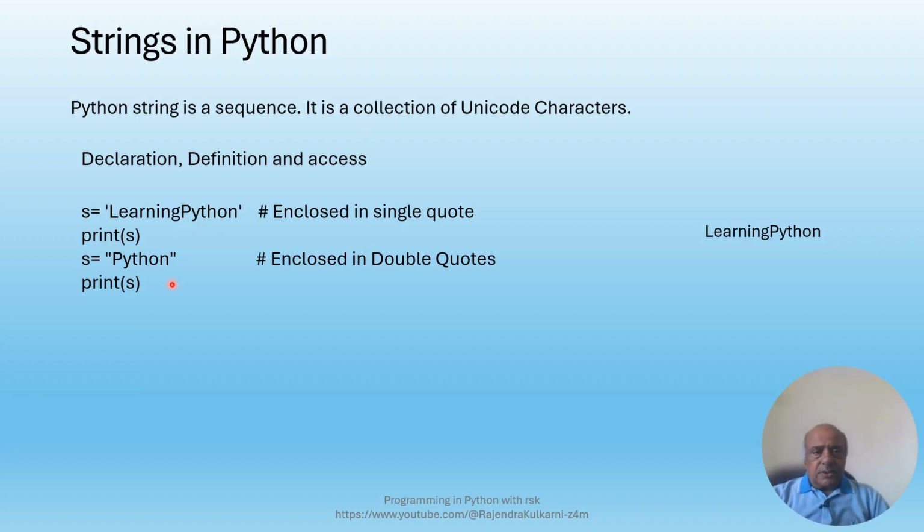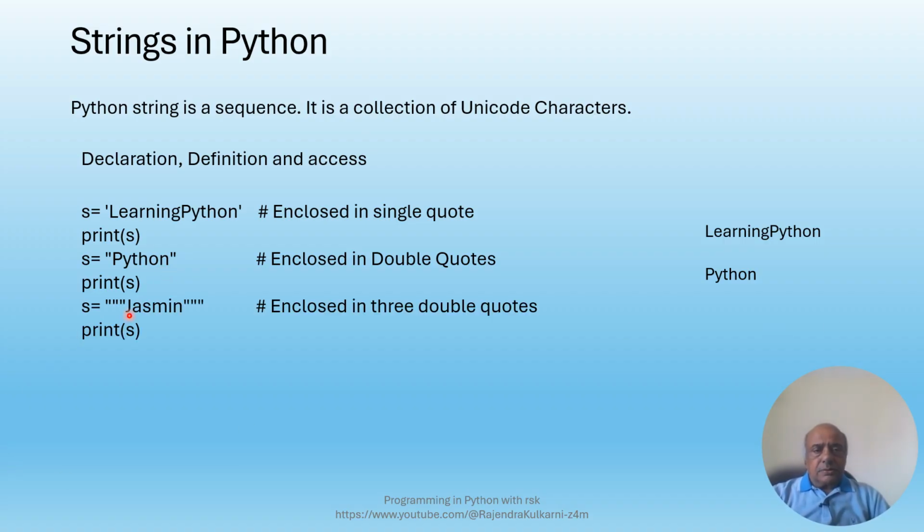Then in this case S is equal to "Python", enclosed in double quotes. So single quotes are acceptable, double quotes are acceptable. When we output the value that has been assigned to string S, we get whatever we have assigned, Python in this case.